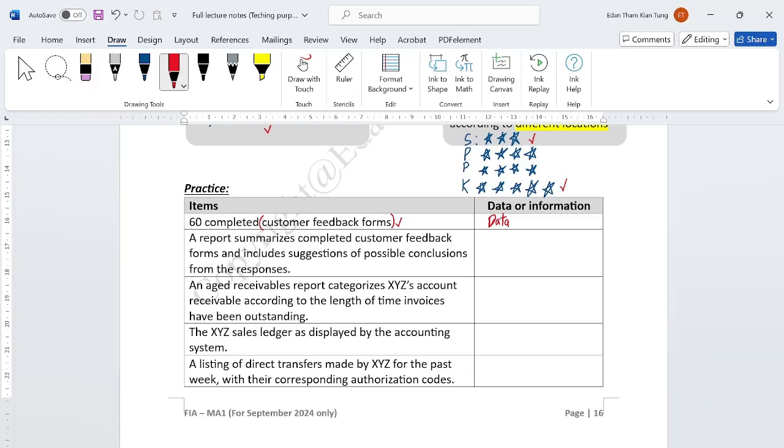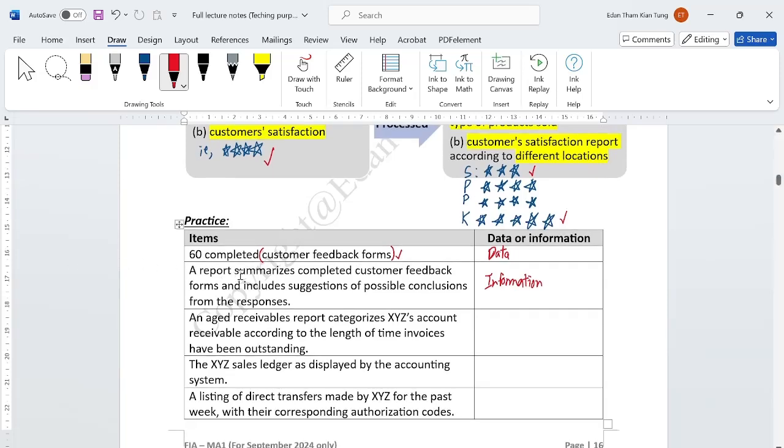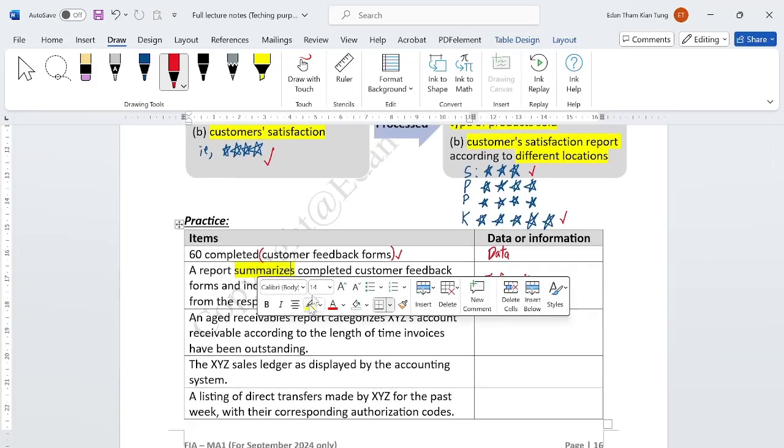From there, we can make our improvement accordingly. So how about the second one? A report summarizing completed forms. Correct, the answer is information, because it has been summarized.